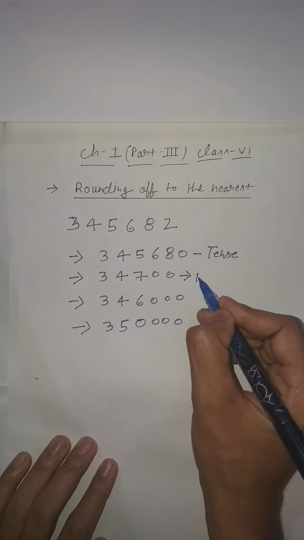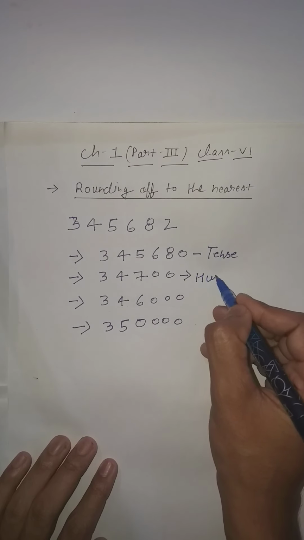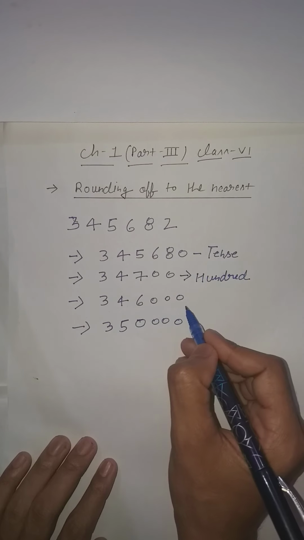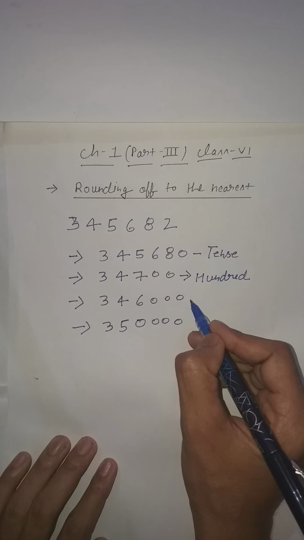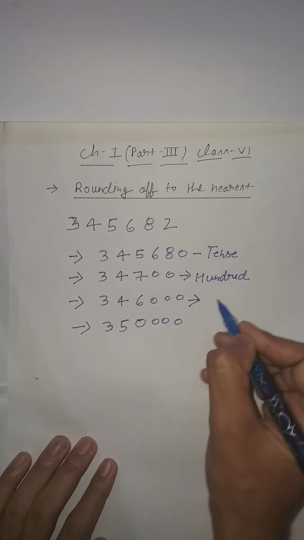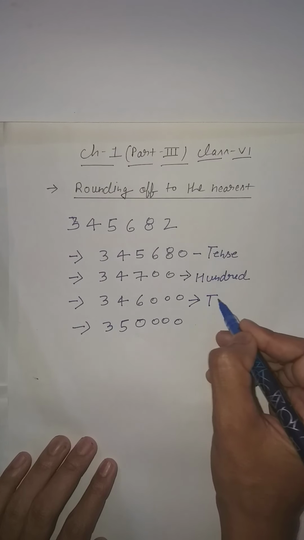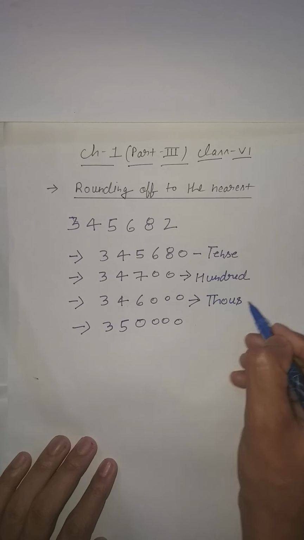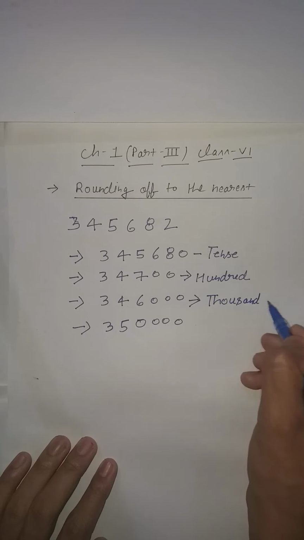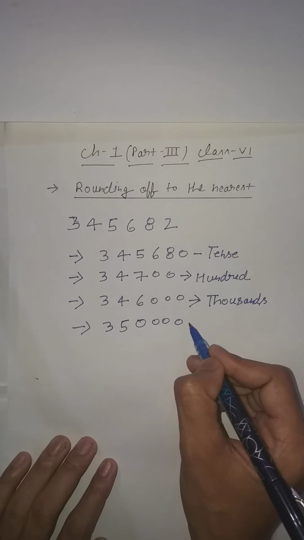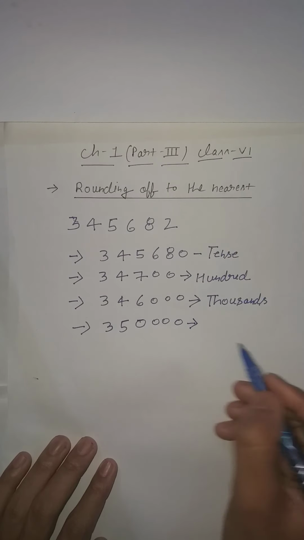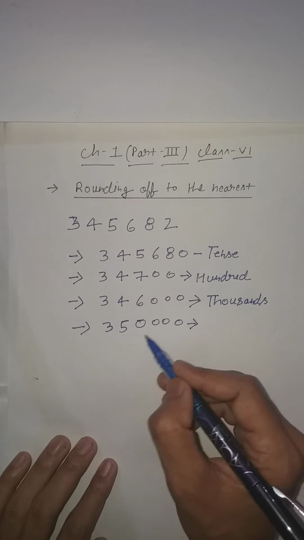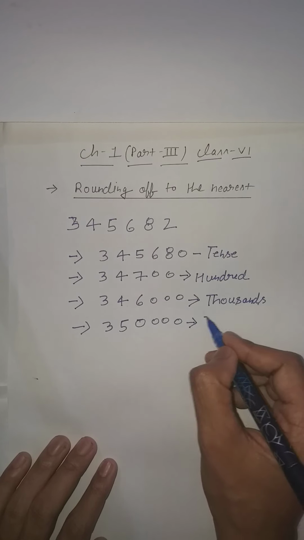You can write down nearest 100. Now this one is the nearest 1000. And this one, you know that the ones, tens, 100 and 1000 places become 0, so this is the nearest 10,000.